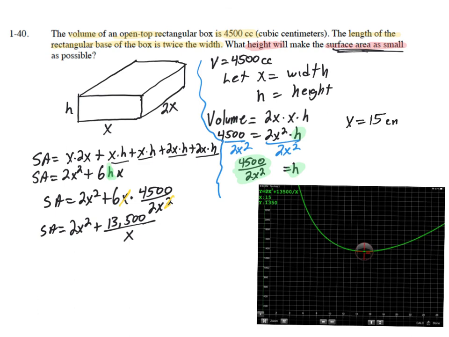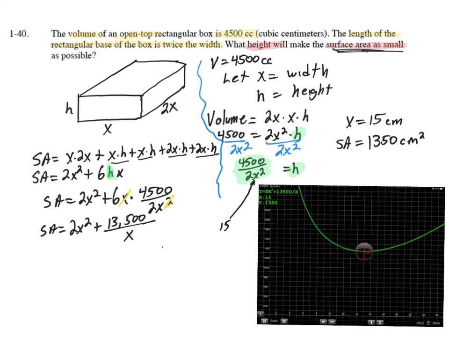This is centimeters. The surface area is 1,350 centimeters squared. But I still need to find the other dimension to find the height. Well, we've got this equation in green, where if I plug x in there, I can find the height. And I know that the third dimension then is 2 times x.